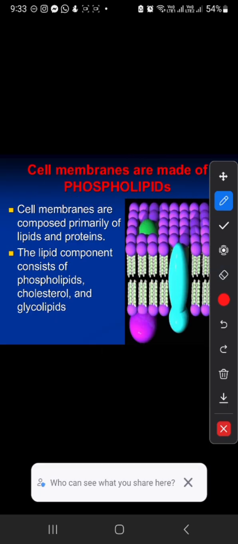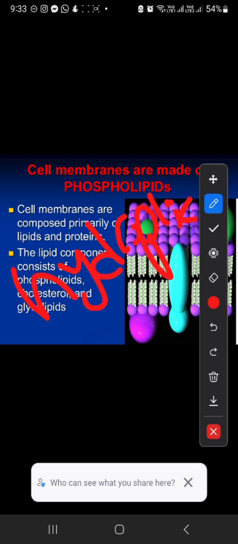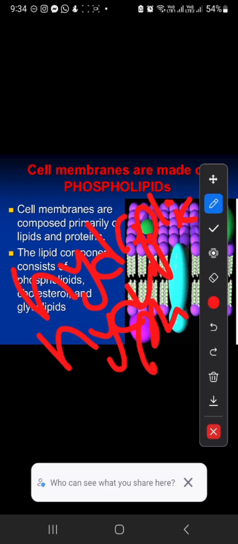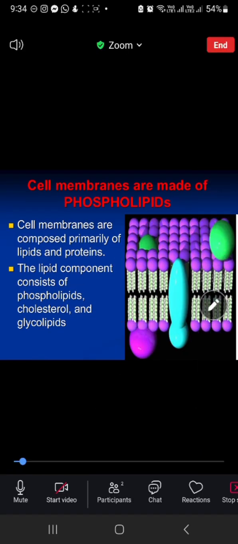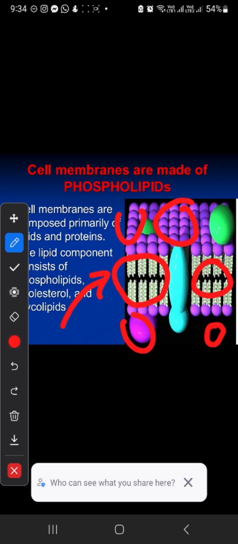That gives it a characteristic which is very important for being in the cell membrane: it is both hydrophilic, which can deal with water, and hydrophobic, which cannot deal with water. The part directed inwardly in the cell membrane is the hydrophobic part. The part outside is the hydrophilic part.